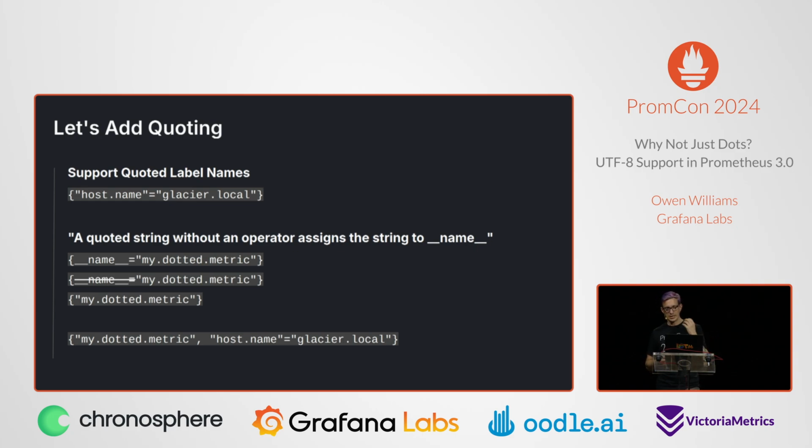So the fundamental change to the syntax is that a quoted string without an operator assigns that string to name. So in the example, you could right now say __name__ equals my dotted metric, and we're just saying you can drop the name part and say my dotted metric. And so the thing at the bottom is the new syntax.